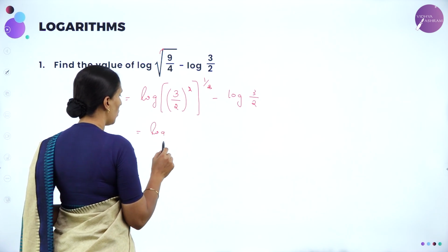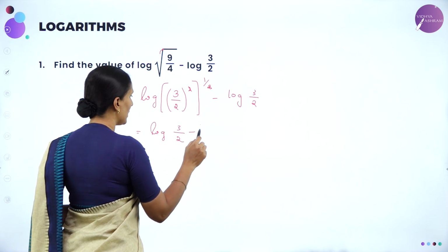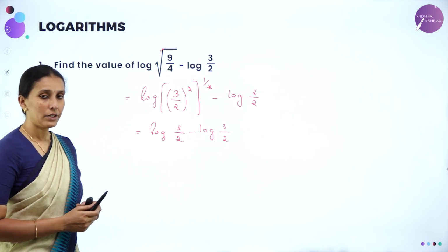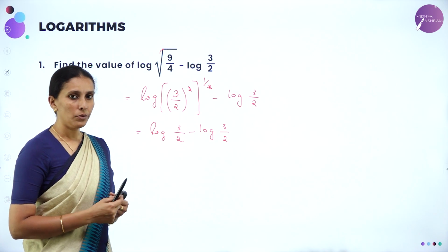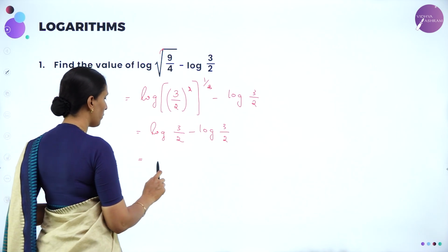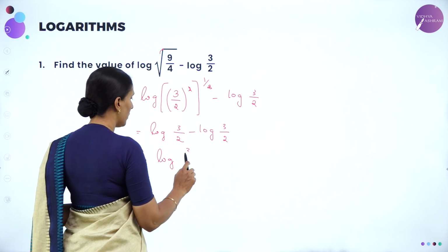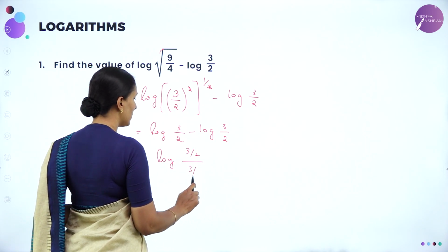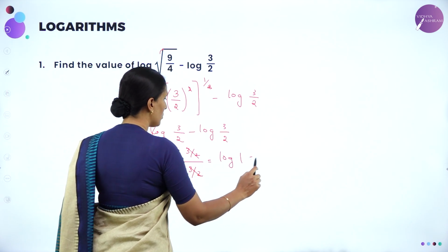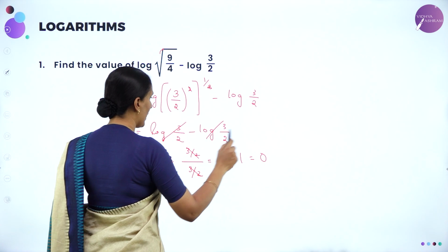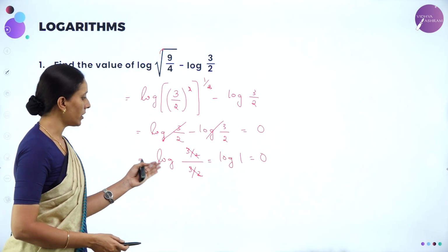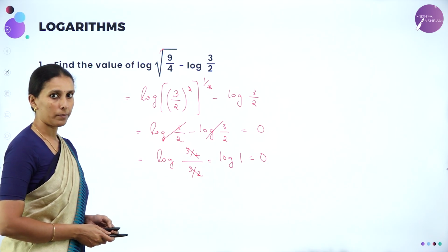We will get log 3 by 2 minus log 3 by 2. So we know that log m minus log n can be written as log m by n. So we can write this as log of 3 by 2 divided by 3 by 2, which gives you the value of log 1, which is 0. So here also you can directly cancel and write it as 0, here with the cancellation, and there using the property of log.